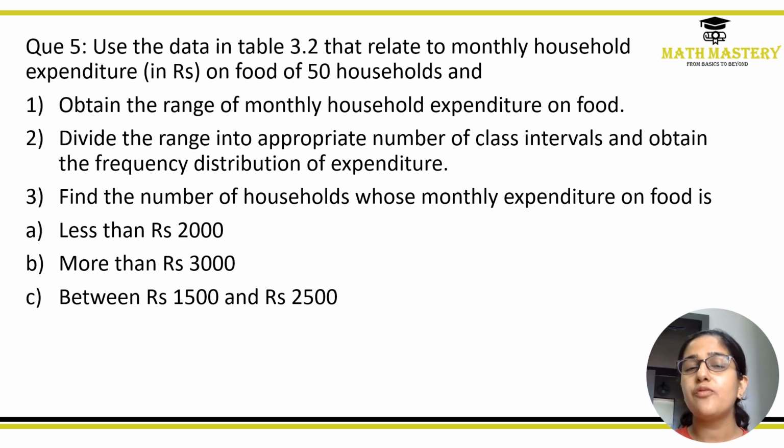Number 3. Find the number of households whose monthly expenditure on food is A. less than 2000, B. more than rupees 3000 and C. between rupees 1500 and rupees 2500. Table 3.2 is given within chapter 3.